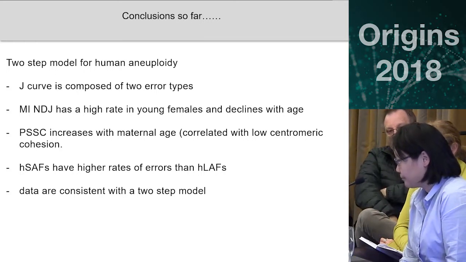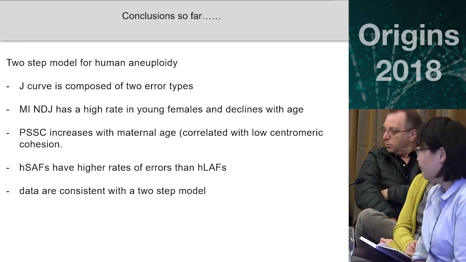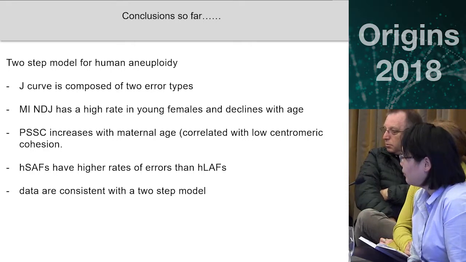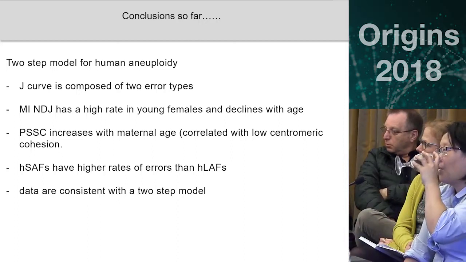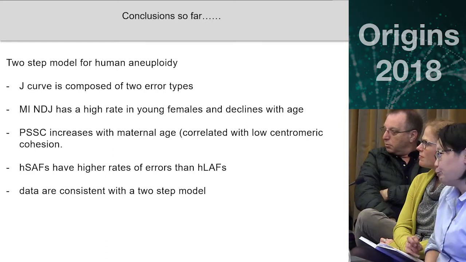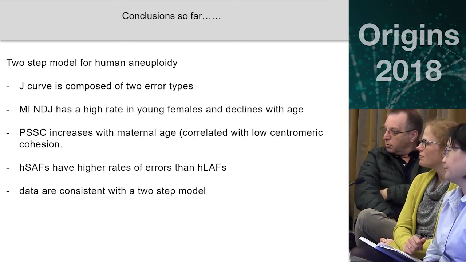Eva, I still don't understand what's causing the high rate in young females. I mean, that's the observation. Yes. But why would that be? Is that the default? Because you start off young.